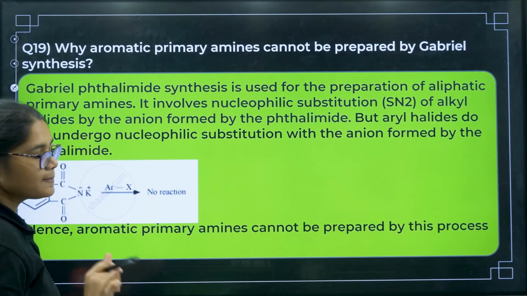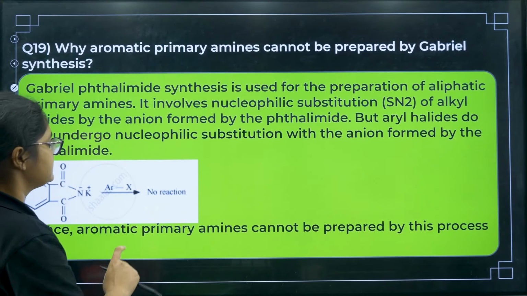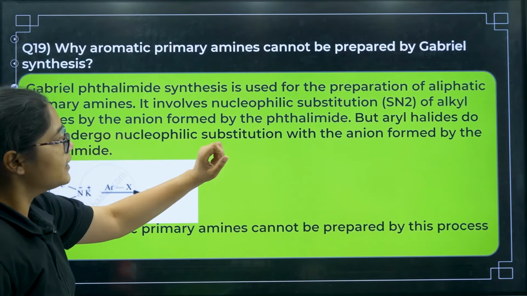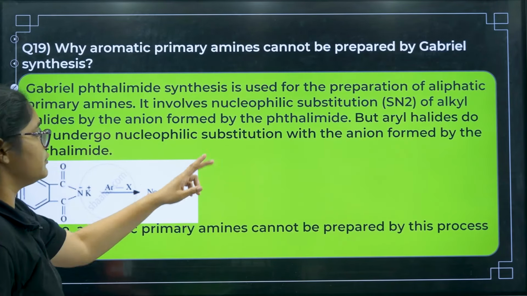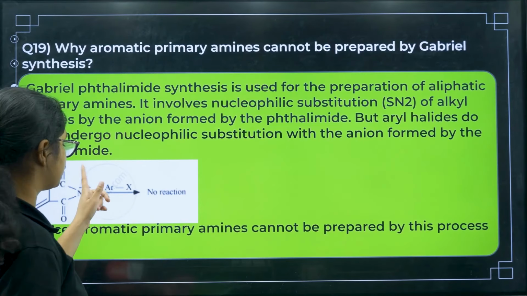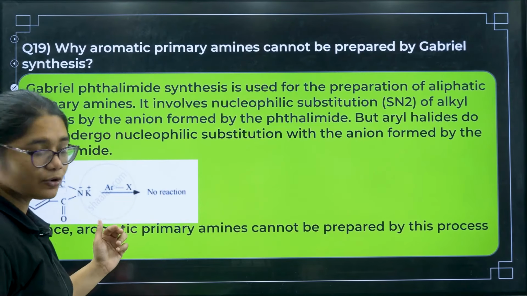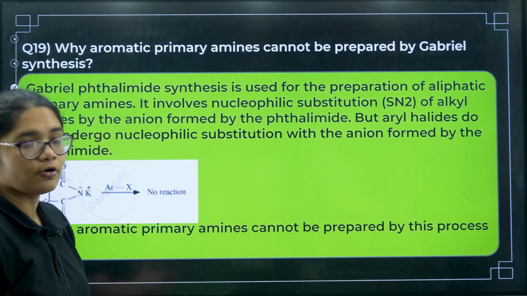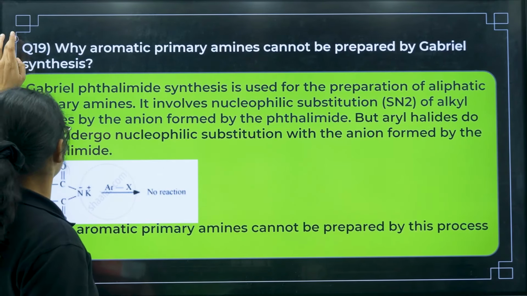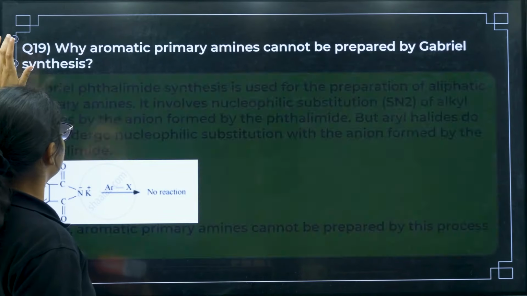But if you have aromatic halides, this bond cannot break here, right? Aryl halides do not undergo nucleophilic substitution reaction with the anion formed by phthalimide. This reaction cannot take place. This bond is very strong, so aromatic amines cannot be prepared by Gabriel phthalimide synthesis.